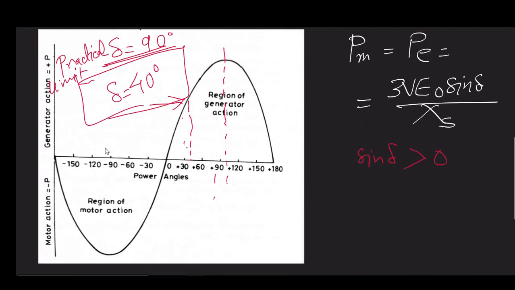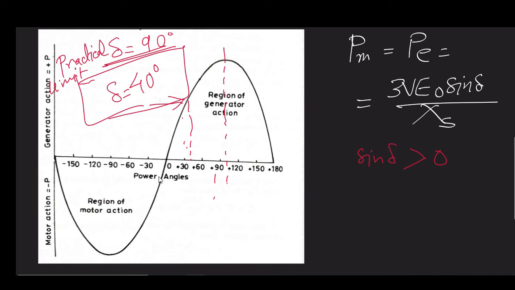Now let us consider the case of, one thing I forgot to just discuss, that in case of motor, what happens? In case of motor, it is like this part. So you can see that now delta is 0 to the negative part.